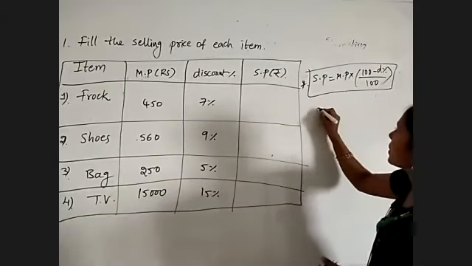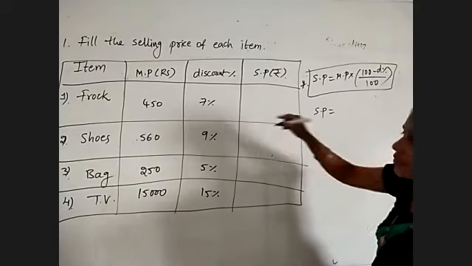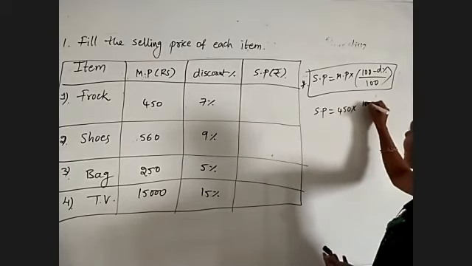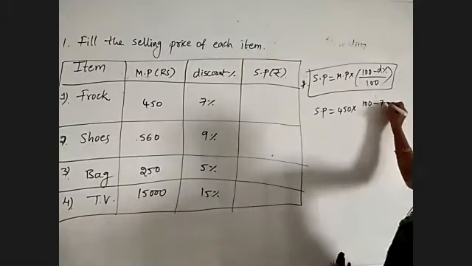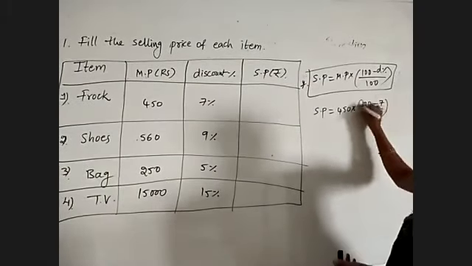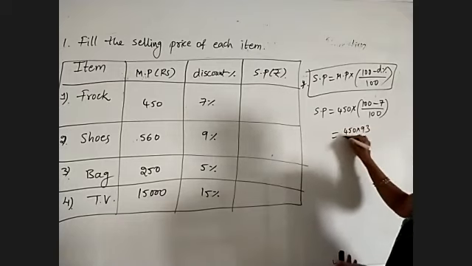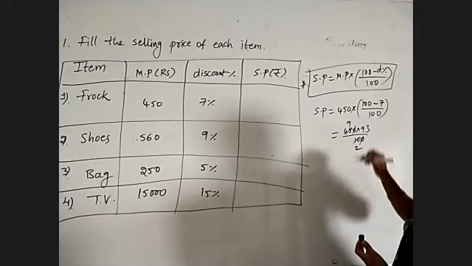So SP will be equal to MP of first item, that is 450 rupees, into (100 minus discount percentage, and first item is 7%), so 7, by 100. That's all. So that is equal to 450 into 93 by 100. Zeros will get cancelled.